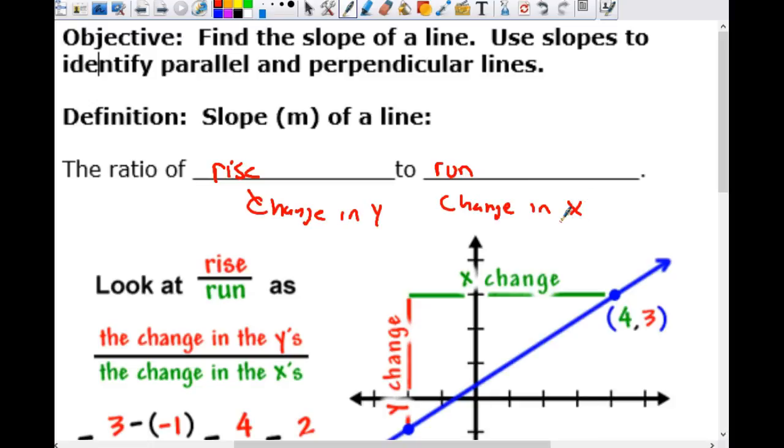That's the equation for a line. Okay. There's a couple of ways to write it. It's represented by the letter m. It's represented by delta y over delta x. And it's also represented by y2 minus y1 divided by x2 minus x1.